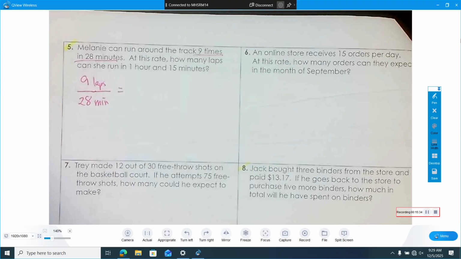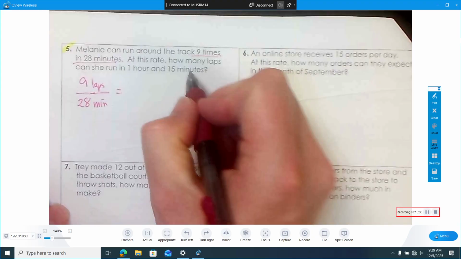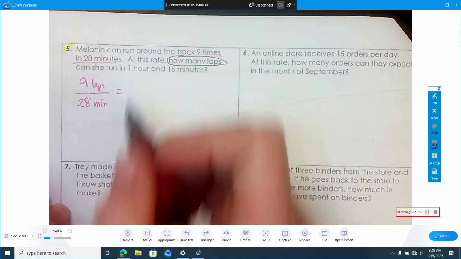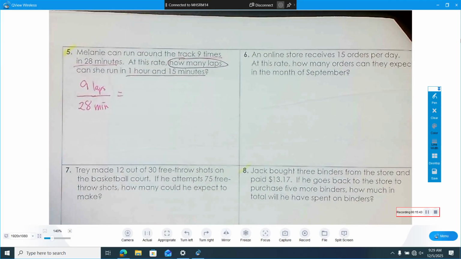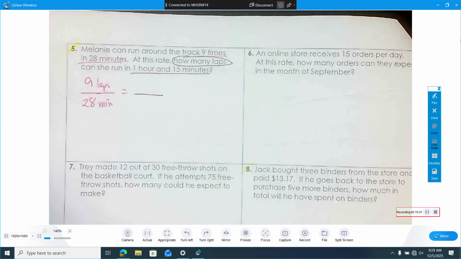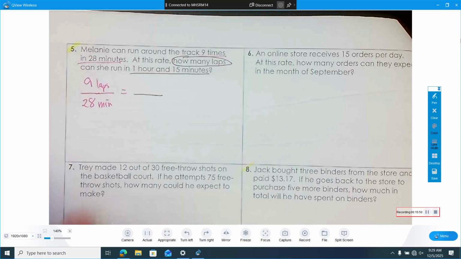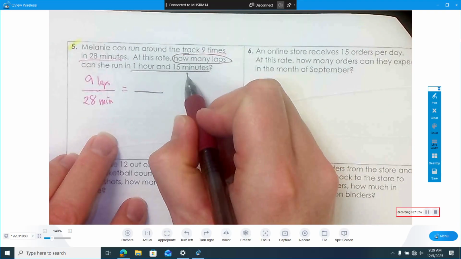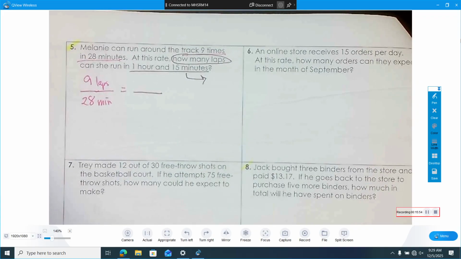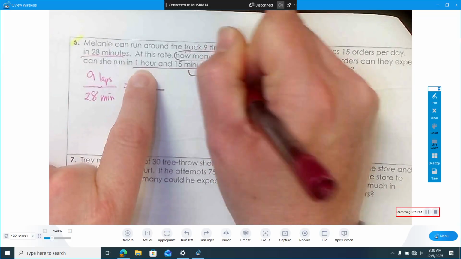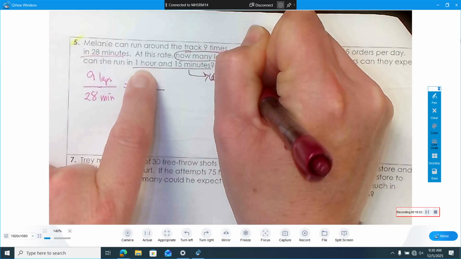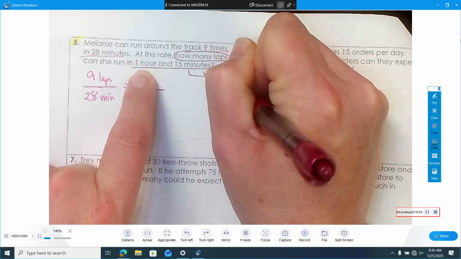At this rate, how many laps can she run in 1 hour and 15 minutes? What do we need to do here to finish our little proportion? Convert the 1 hour. Can we use 1 hour and 15 minutes? That's a little too complicated. 75? Okay. 1 hour is 60 minutes plus the 15 minutes, so that is 75 minutes.